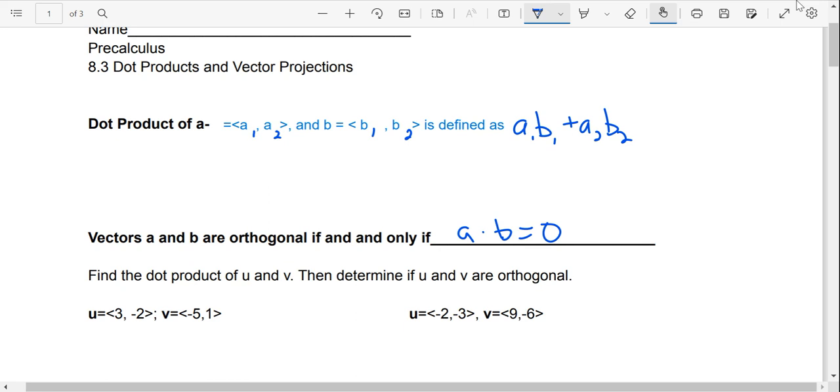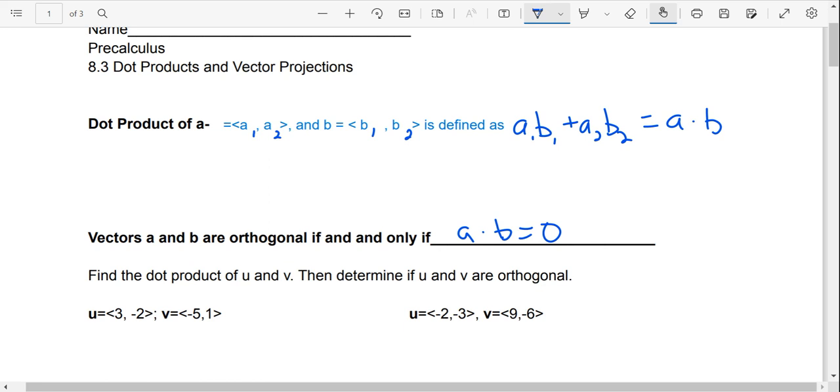The dot product of A and B, you write as A dot B. It's always A dot B. And it's equal to A sub 1 times B sub 1 plus A sub 2 times B sub 2. As you might notice, it comes out as a scalar, not a vector. So you should get a number for these.